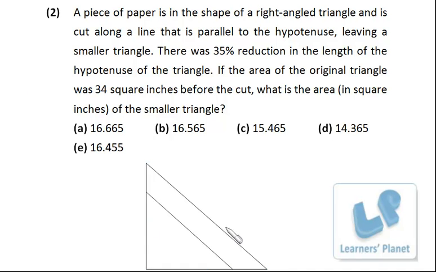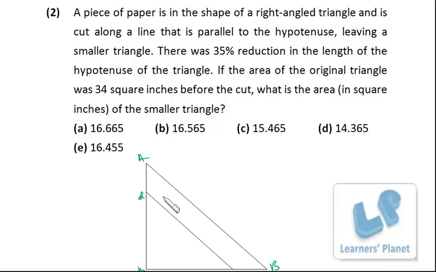Okay, now what? See this triangle OPQ and AB. Triangle OAB is similar to triangle OQP because this line is parallel to this line, right? So this angle will be equal to this angle, and this is common. So triangle OQP is similar to triangle OAB, right?